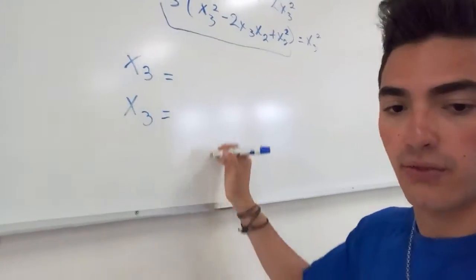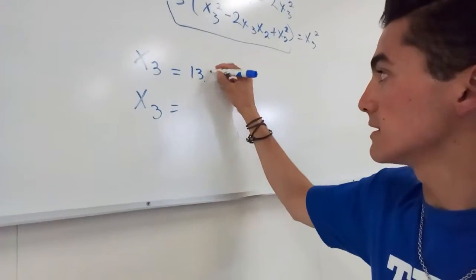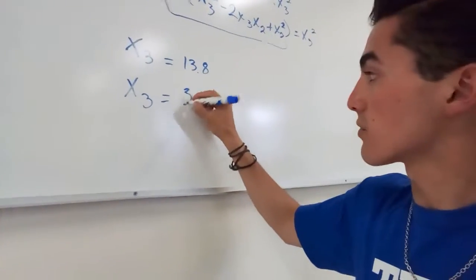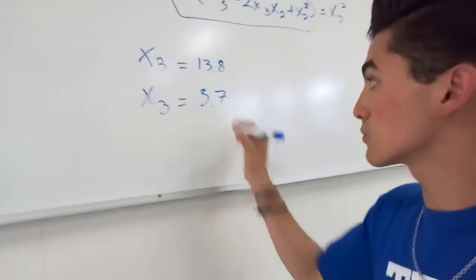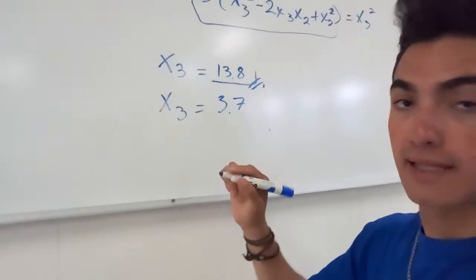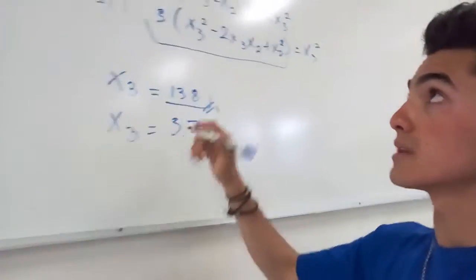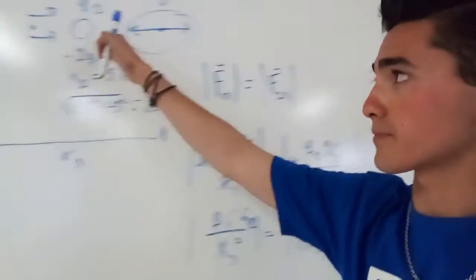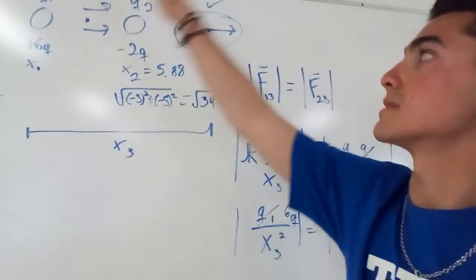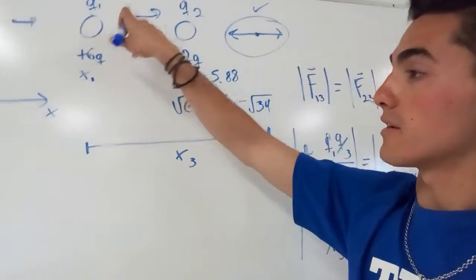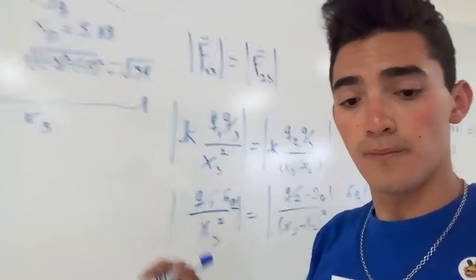These two values are 13.8 and the other one is 3.7, but the highest one is 13.8. So we are going to take this one because it's the highest one, and we want the one that is higher than the charge 2.